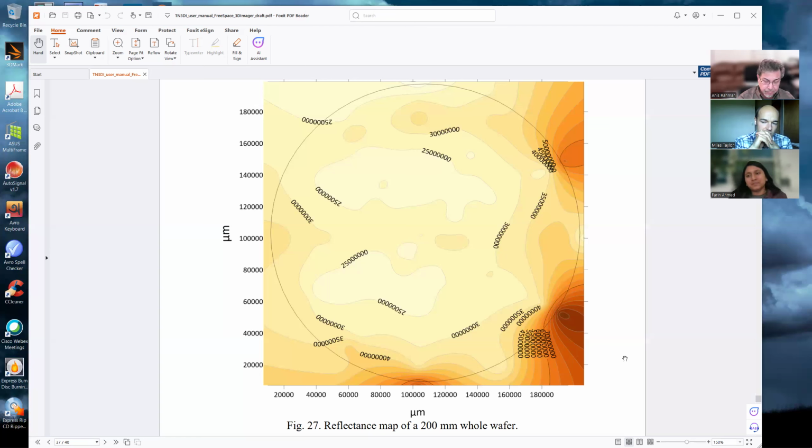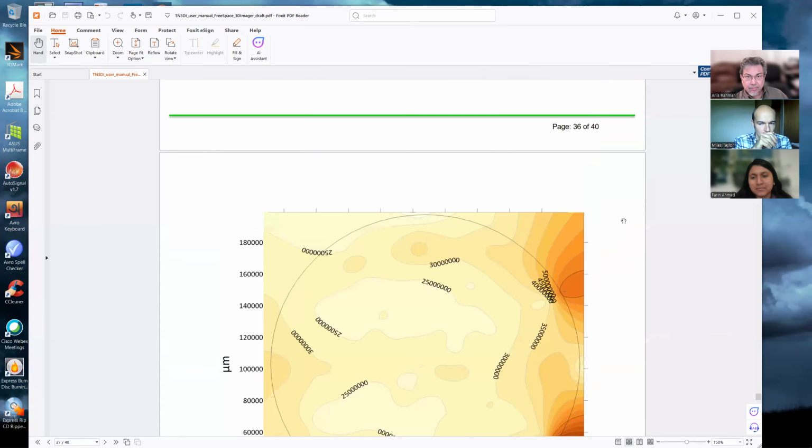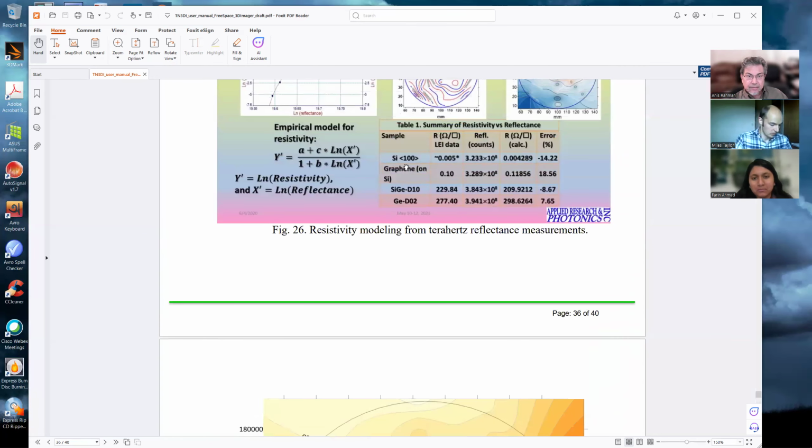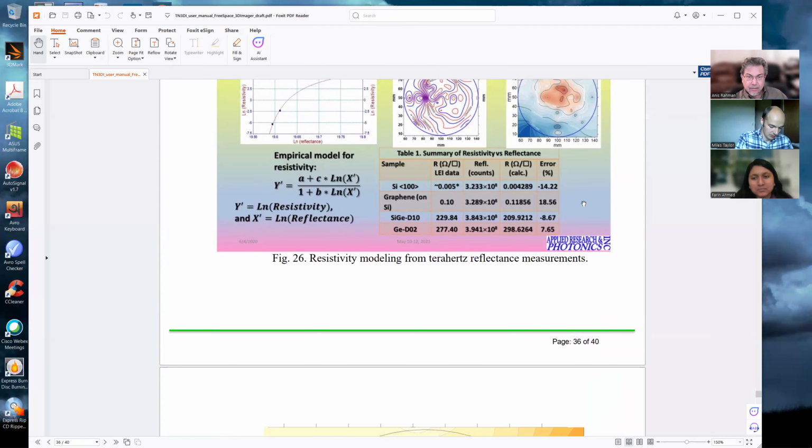Typical numbers depend on what they want to do in their design, but for example, you see here, this is an N-type silicon that has a sheet resistance of 0.005 per square. Compared to that, if I had an epitaxial layer on top of that wafer, the resistivity could be 100 times or 1,000 times bigger.